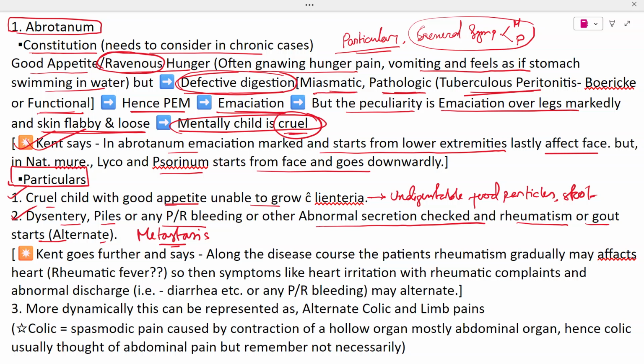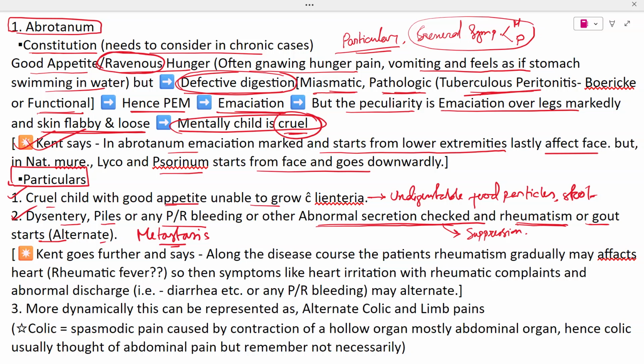So the patient had dysentery or piles or any abnormal discharge or rectal bleeding, maybe due to tuberculous peritonitis or anything, but suddenly this gets checked by suppression, and any chest discomfort or rheumatism is suppressed, and then discomfort in the chest started. Similarly, if these symptoms are checked or suppressed, they metastasize into the joints and create rheumatism or gout-like symptoms.